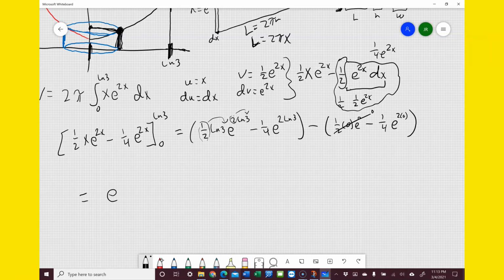So that's going to be e to the 9th times ln square root 3 minus 1/4. And then e to the 0 is 1, so that's plus 1/4.